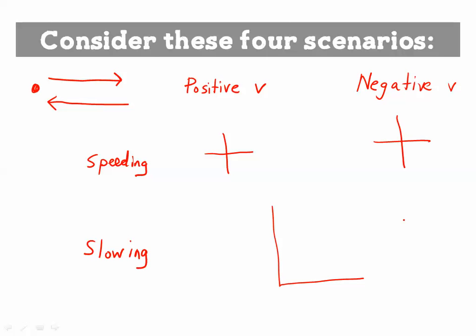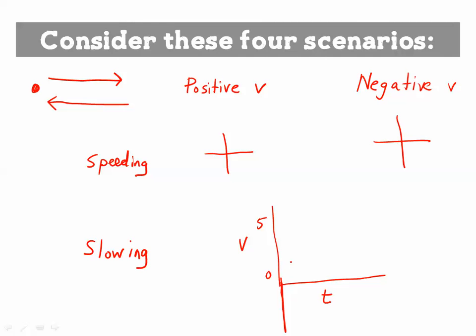My velocity would be decreasing, and it would be negative. So since my velocity is negative, it's going to be below 0.